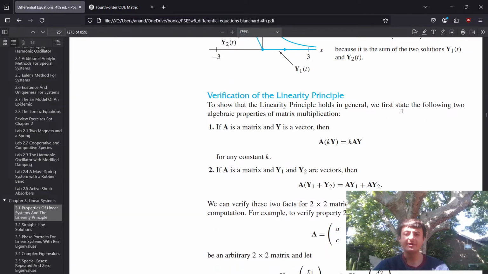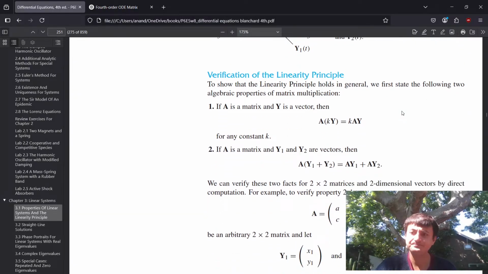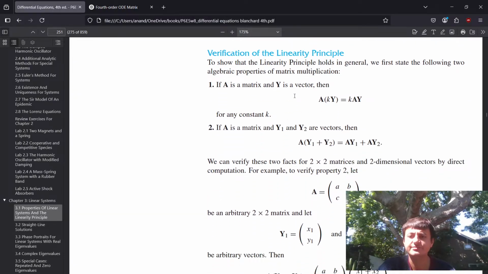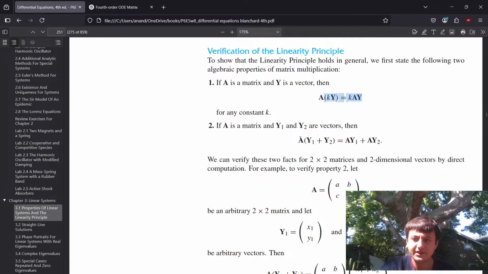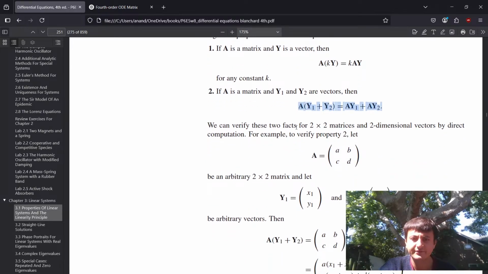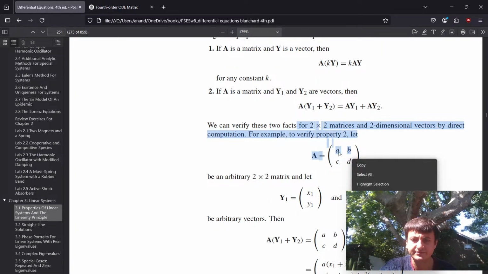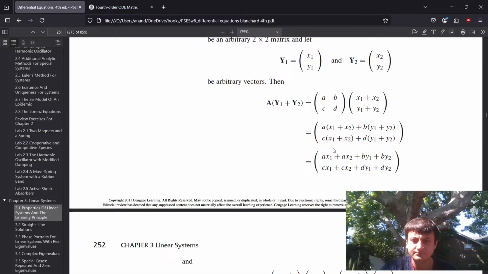To show that the linearity principle holds in general, we first state two algebraic properties of matrix multiplication: scalar and distributivity, and verify these two facts for 2 by 2 matrices and two-dimensional vectors by direct computation. All right.